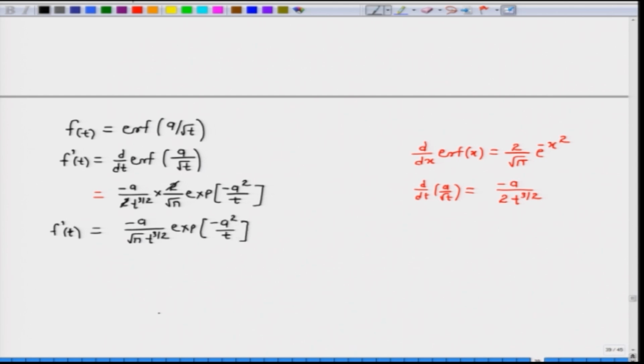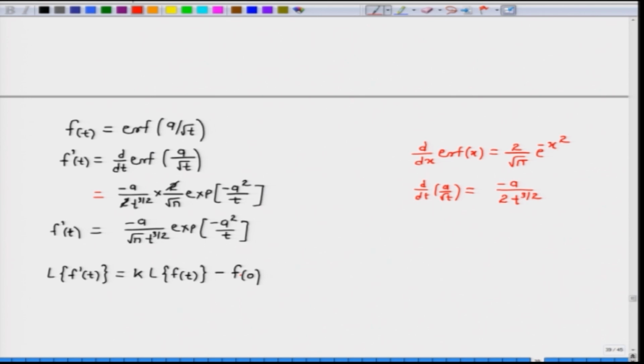So, now let us make use of the formula for the Laplace transform of the derivative of a function. So, L of f prime of t should be equal to k times L of f of t minus f of 0.